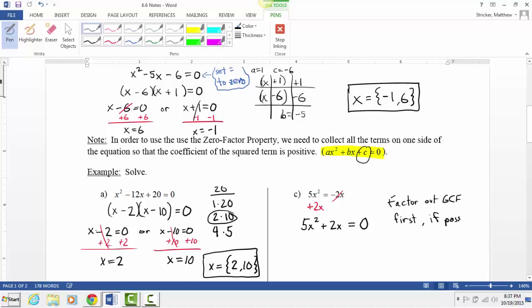It's not always possible to factor out the GCF. But this is an example where it is possible. I can pull what out of these two terms? I can pull an x out. If I pull an x out of the first term, that leaves 5 times x, because x times 5x is 5x squared, and then I'm left with a 2 on the second term.